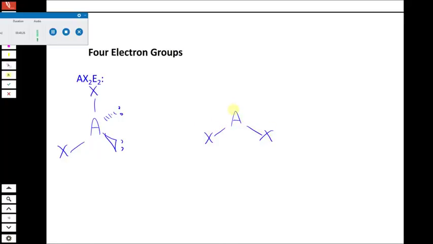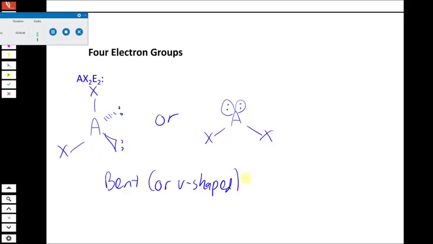And then in this way, you would have sort of lone pairs coming out and going in kind of like that. So sometimes we draw them as little orbitals, as we'll talk about later in the chapter. So there's a couple ways of drawing this, but again, it's pretty clearly a bent geometry. Or V-shaped, as I said, is the way we sometimes name that.